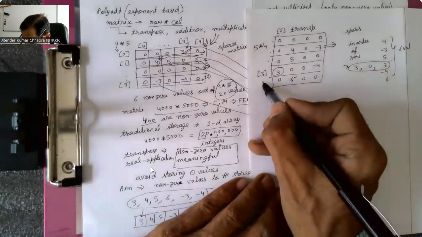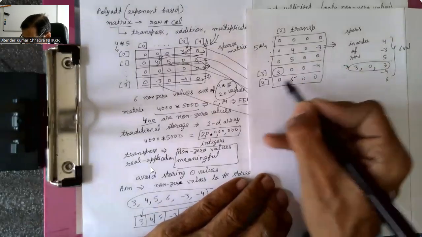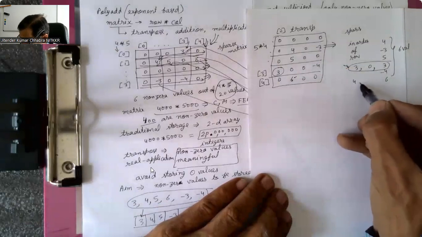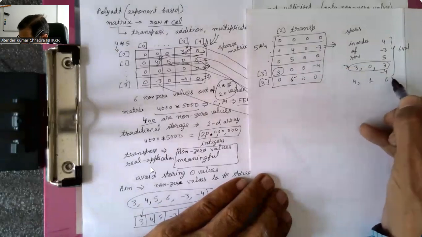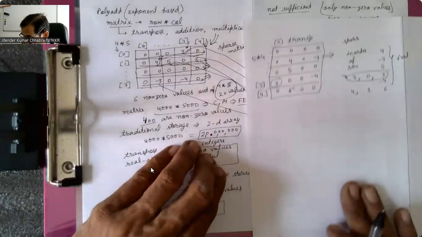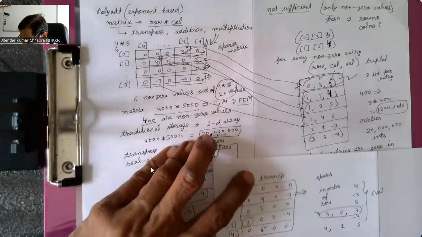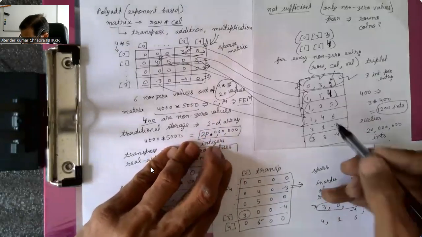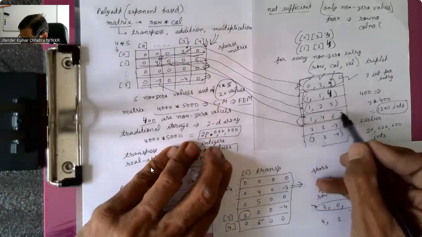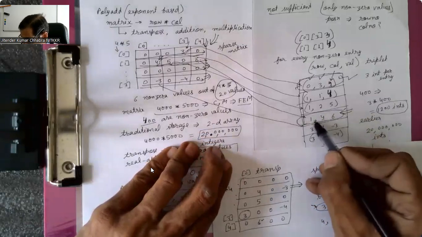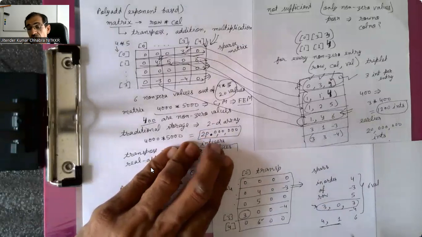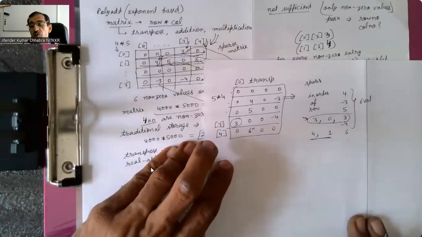The 6 value is now at entry 4, 1. So I will have this as 4, 1, 6. Earlier, this value was 1, 4, 6. 1 and 4 interchanged. Now this will become 4, 1, 6.